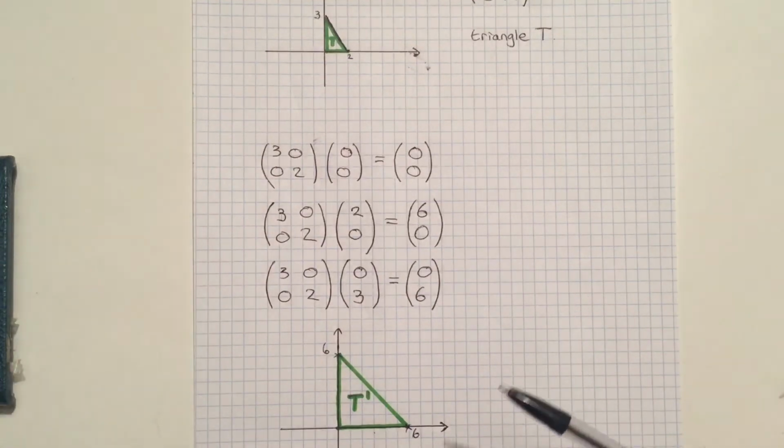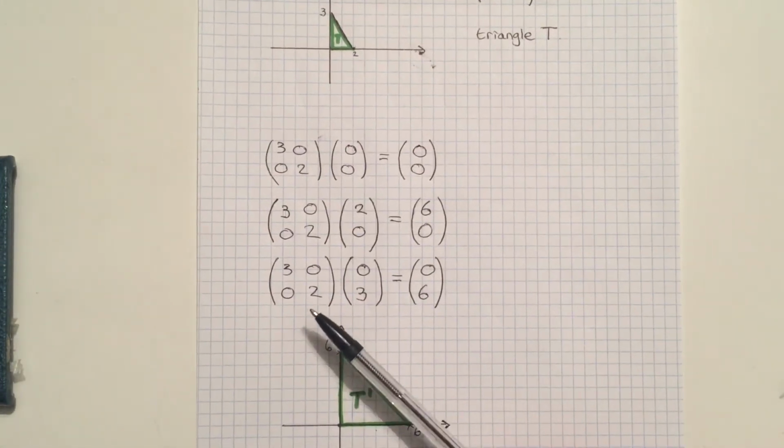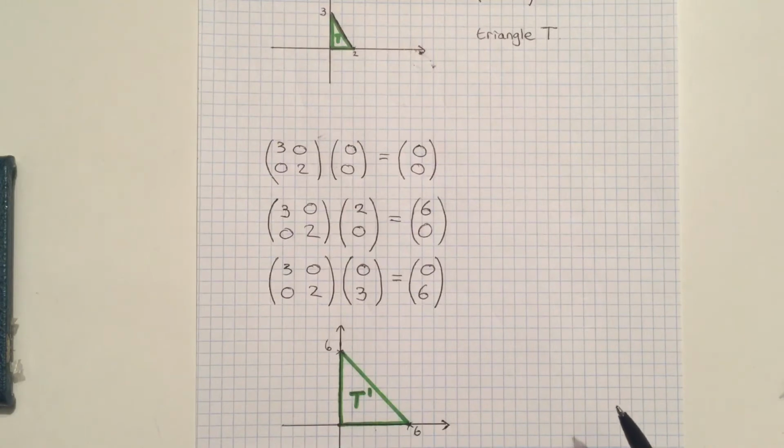So you can see from this example how we can use matrices to represent more complicated transformations than we had previously dealt with at GCSE. At GCSE we dealt with enlargements, but we'd only ever dealt with enlargements where the scale factor was the same. Here we've got a different scale factor in the x direction and the y direction.